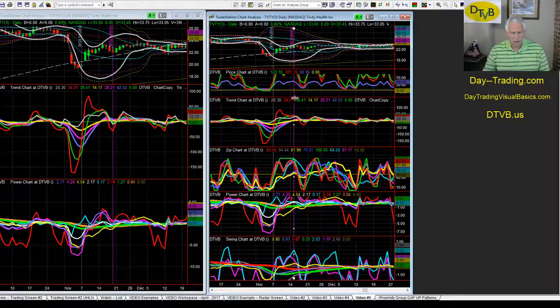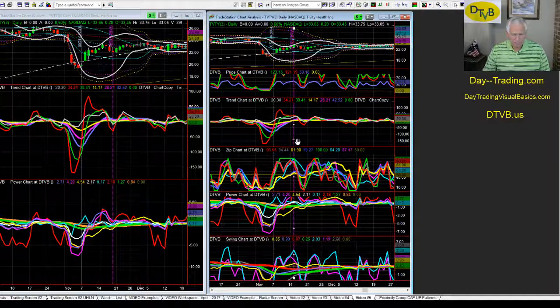Because look, on this vertical pink line day, we have a nice green candle. So you ask yourself, well, how can zip gray and zip red go down? Other than they're really fast lines, and they give us that telltale story about what's going to happen the next day. And the next day it actually doesn't go down much, but it is a red candle. But we have identified the start, and that's what sensitive indicators are all about.